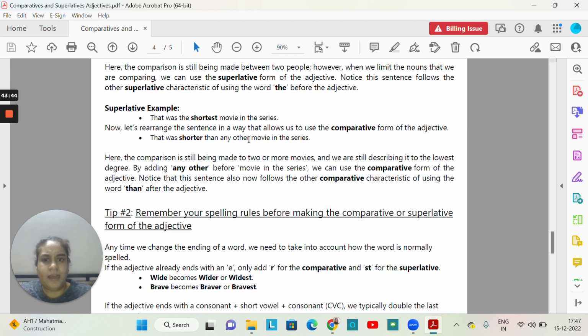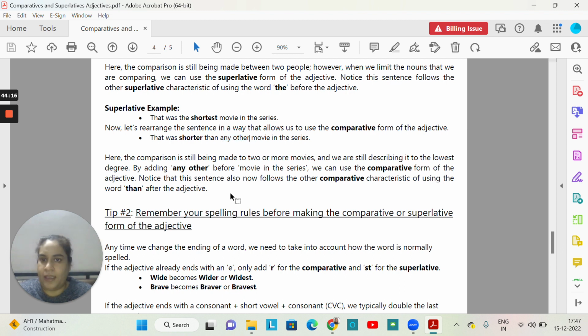Fine. Here my comparison is with the movies, not with the series. Here the series is just added as extra information. That's all. Here the comparison is still being made to 2 or more movies and we are still describing it to the lowest degree. By adding any other before movie in the series, we can use the comparative form of the adjective. I just added any other over here. That's all.